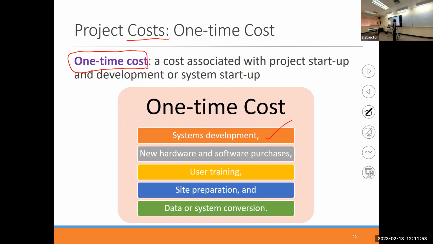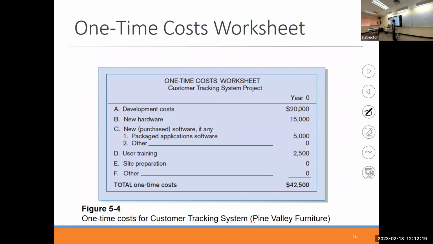Such as system development, you buy a new system, you pay just once, that's one-time cost. You buy new hardware, you buy new software, you make one-time user training, or prepare a new server site building, data migration, system migration, and so on. These are examples of one-time cost. And of course, it is paid just once.